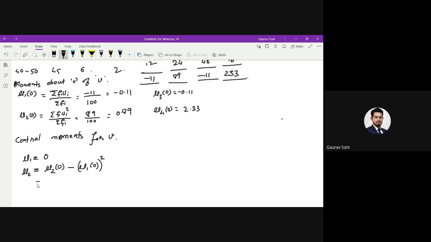So that is 0.89 minus minus 0.11 square. What is mu2? 0.8779. Please check the calculations.